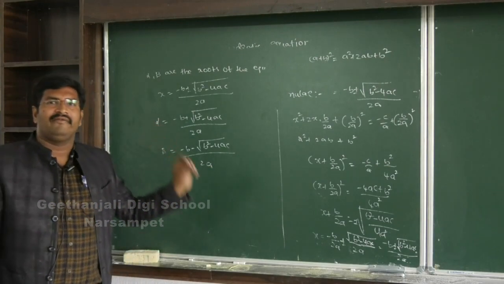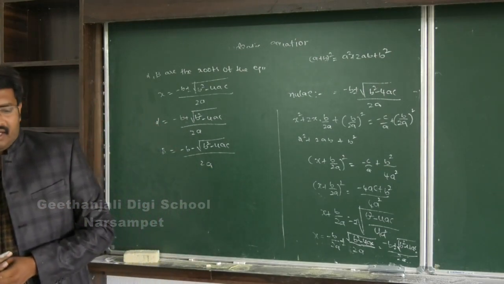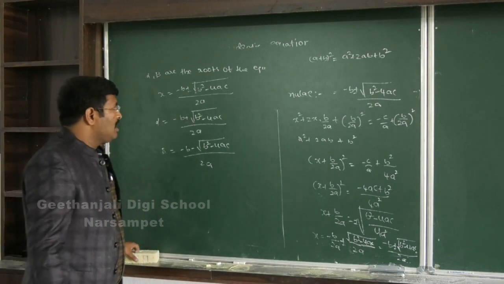These are the roots alpha and beta of the quadratic equation using the quadratic formula.